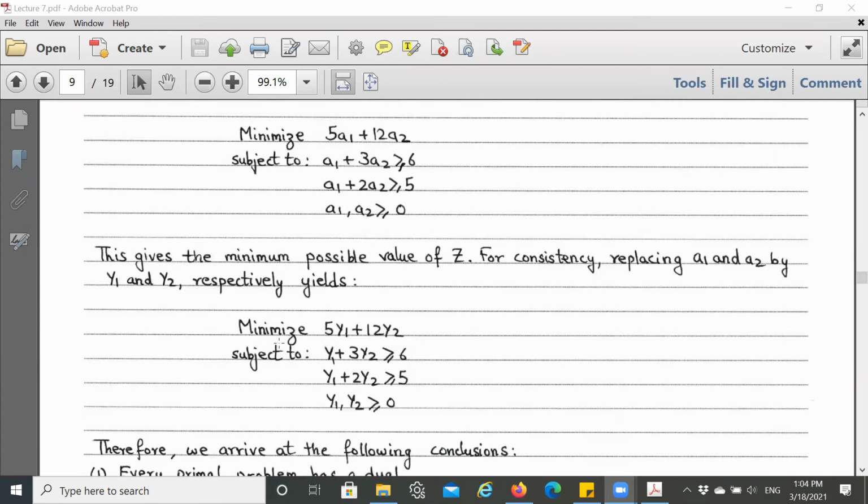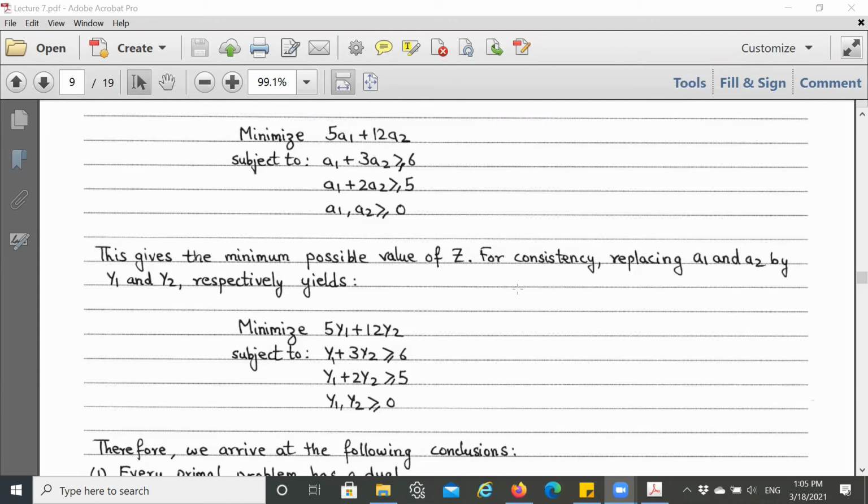Okay, good. Just for the sake of consistency, so that we do not mix up with this A1 and A2, let's say that for the dual, instead of using the X variables, we use the Y variables. So in the dual form, we can replace A1 and A2 and write the whole thing in terms of the Y. When you have X's, it tells us that we are in the primal form.